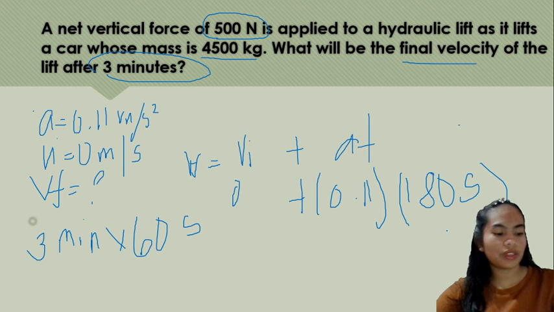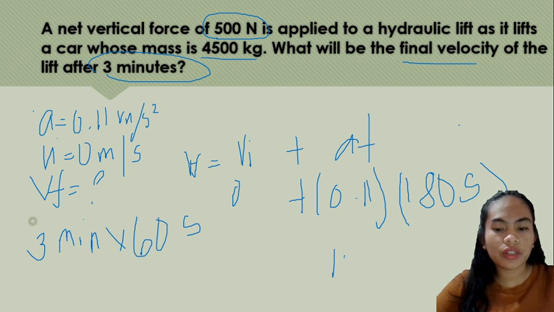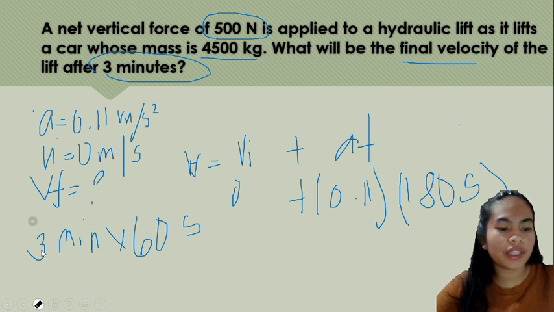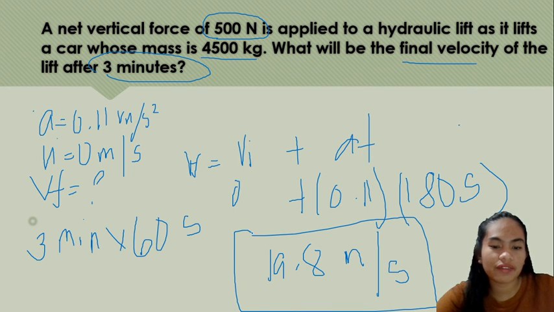Let's multiply it. 0.11 times 180, we have 19.8. So we have 19.8 meters per second. This will now be your final velocity.